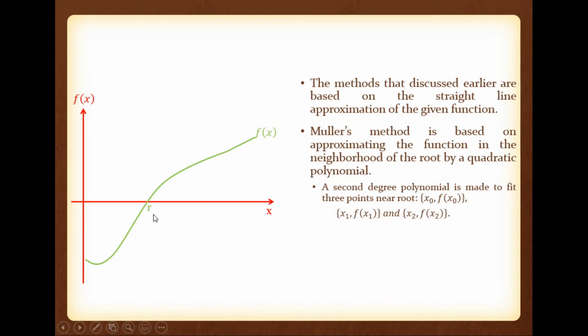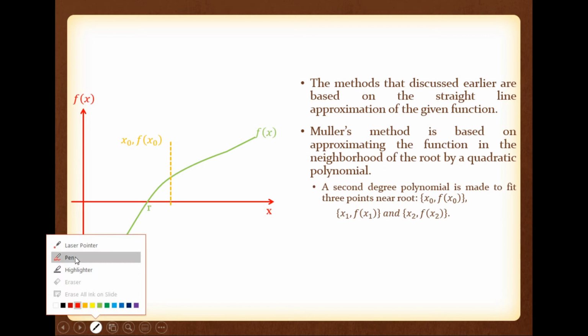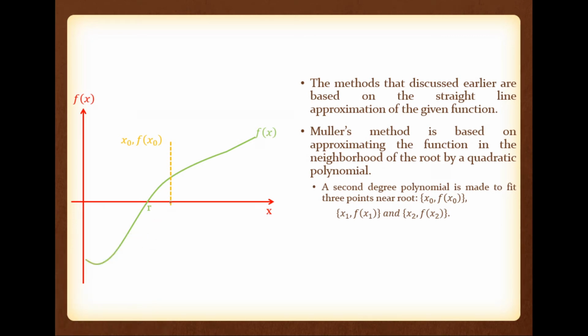And I told you x0, x1, x2 are the initial conditions. This is x0 and its corresponding f of x0, this is x1 and f of x1, and this is x2 and f of x2.